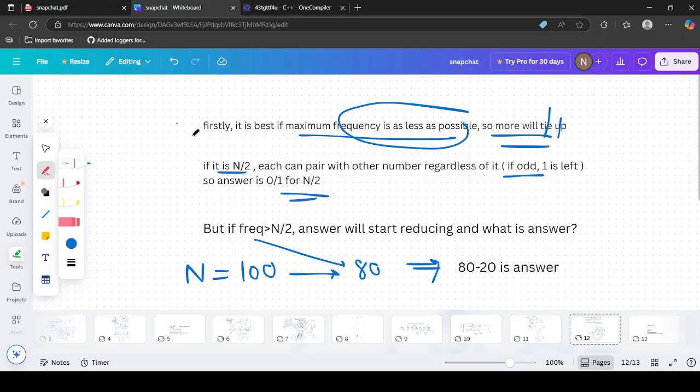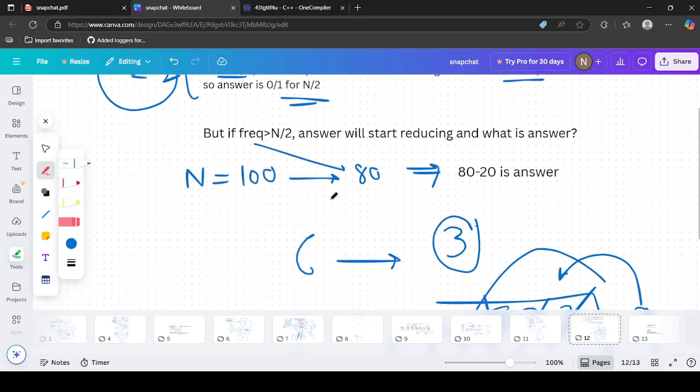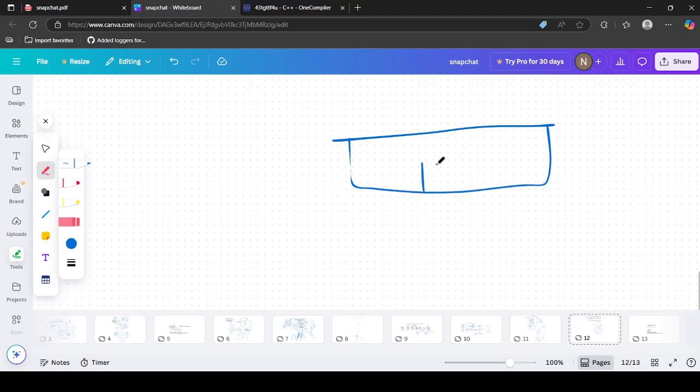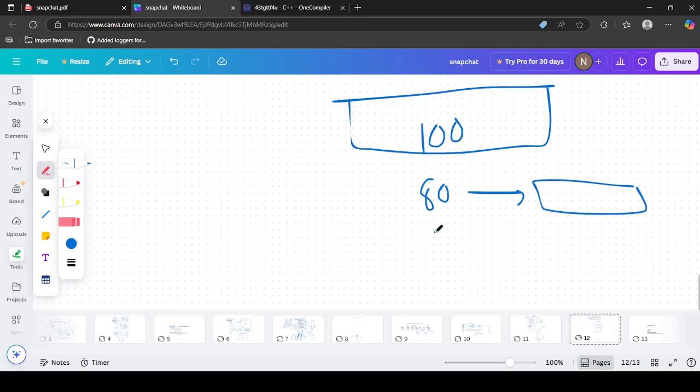So if the maximum frequency is less than or equal to n by 2, it means that we are able to form all the pairs and the answer is n by 2. But as the frequency goes greater than n by 2, the answer will be reducing. Why? Let's assume the size is 100 and the maximum frequency is 80. It means that all 80 elements are equal and the rest 20 elements are different. Maybe different or they may be equal, but they will not be equal to this number.